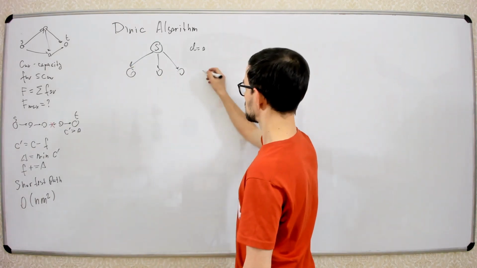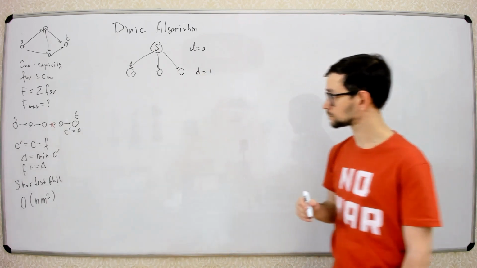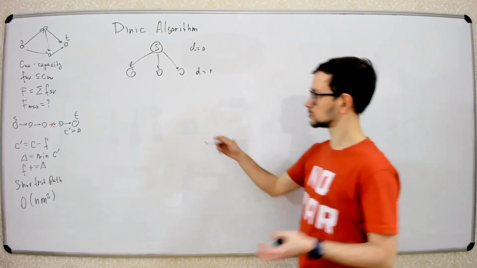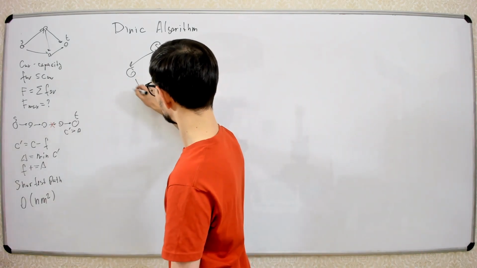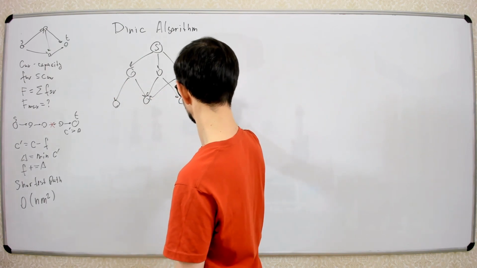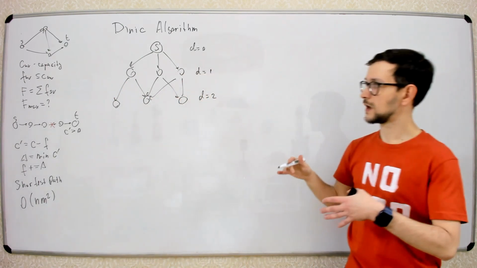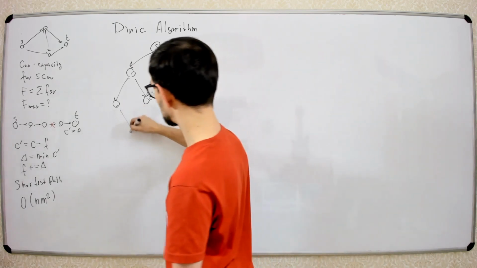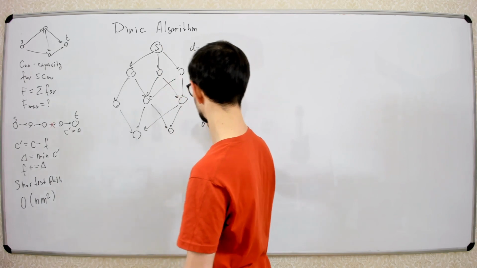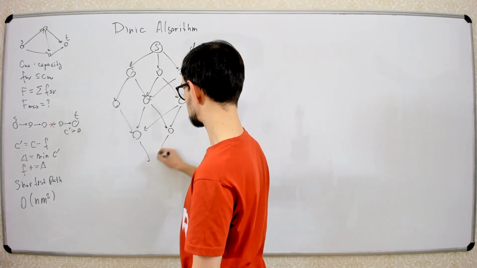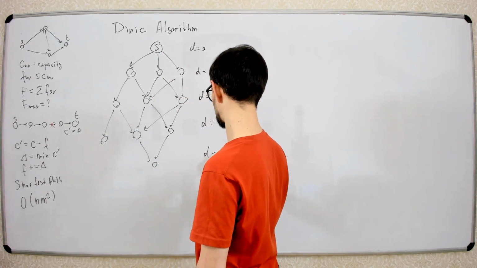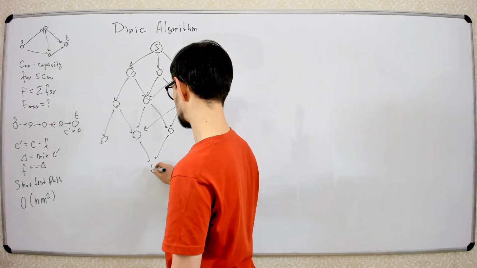Now there are some nodes with distance 2, and now some nodes with distance 3, and so on. Finally, somewhere here we have T.